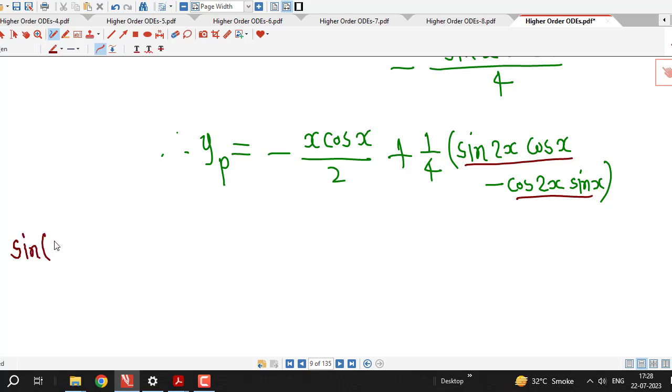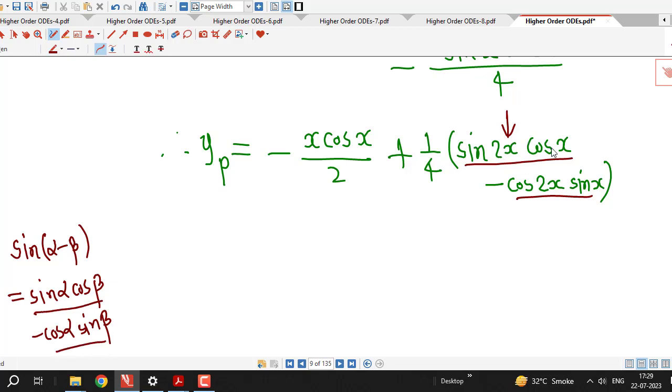If you recall this formula, sin of alpha minus beta is nothing but sin alpha cos beta minus cos alpha sin beta. So you can compare this with this right hand side, sin 2x cos x minus cos 2x sin x.